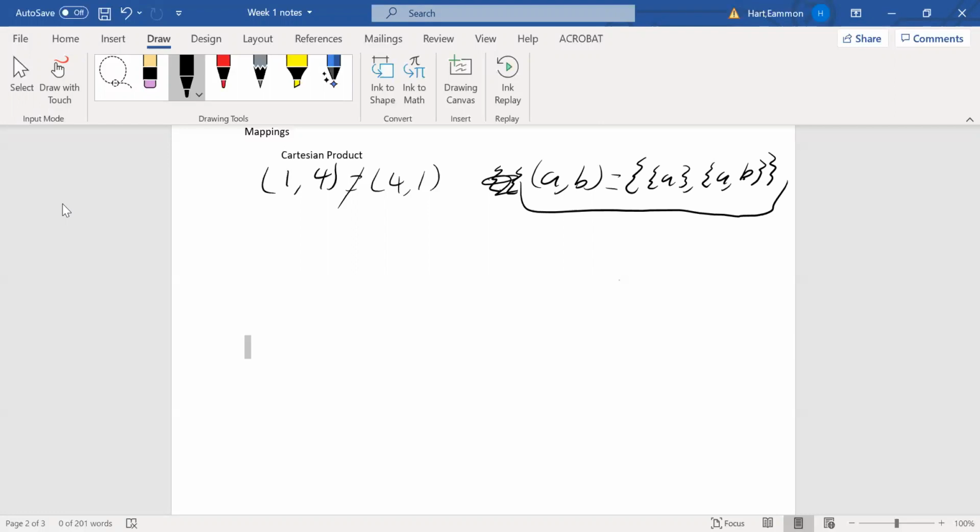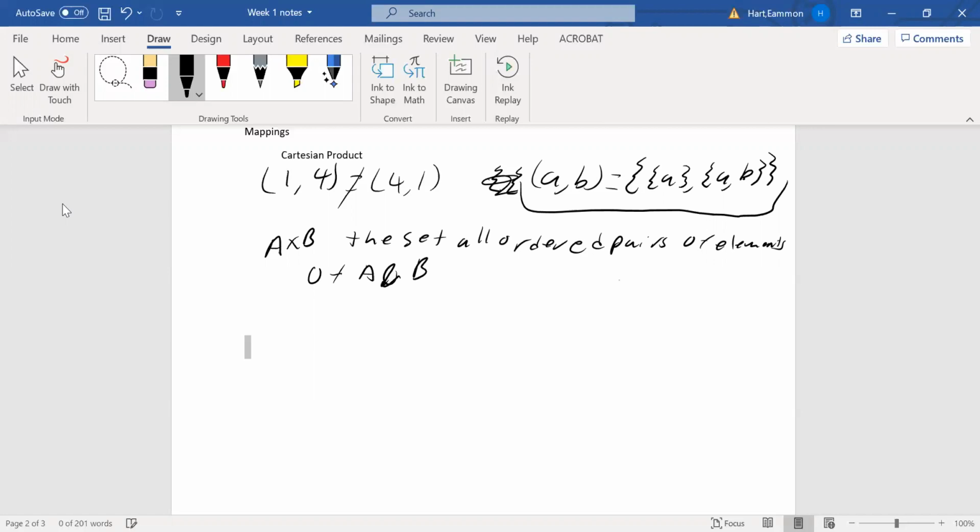The Cartesian product, A cross B, is going to be the set of all ordered pairs of elements of A and B. So to give an example, if we have A is equal to {1, 2}, B is equal to {R, G, B}, then A cross B is equal to (1,R) and so on.